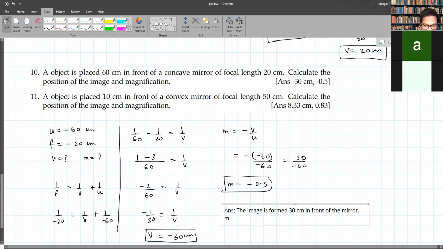Then obviously, if we just write that like minus 30. And here, image is real, inverted and diminished.